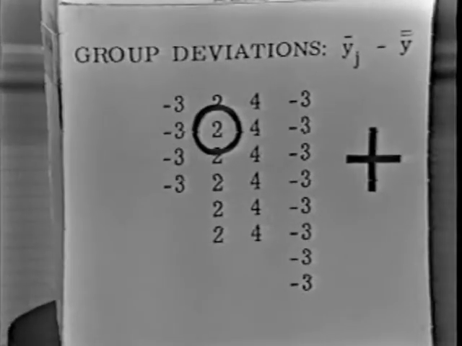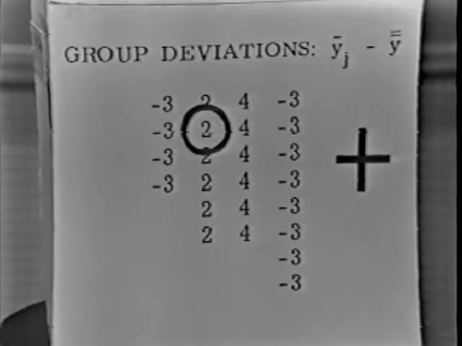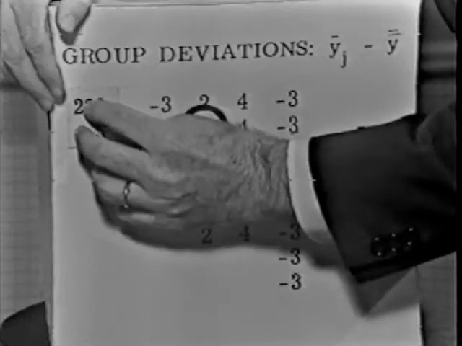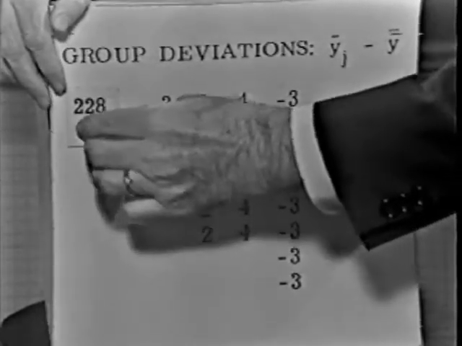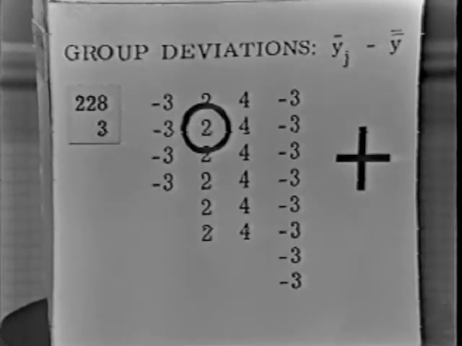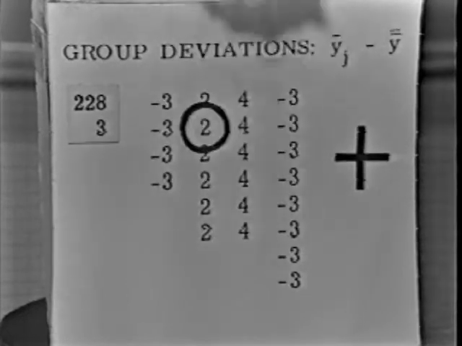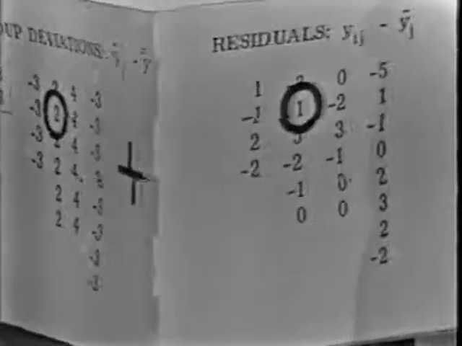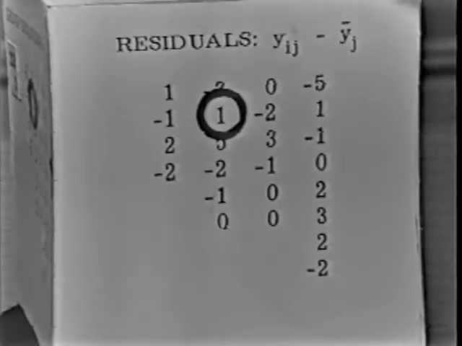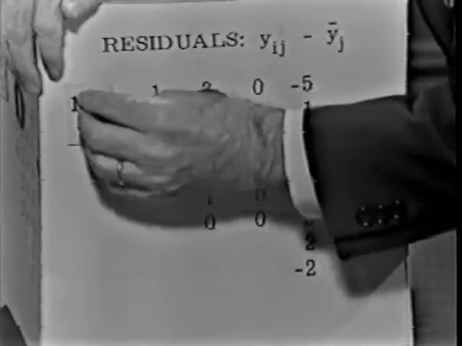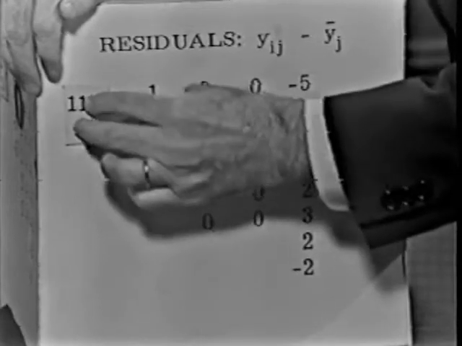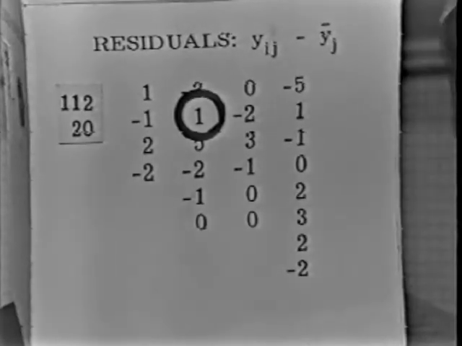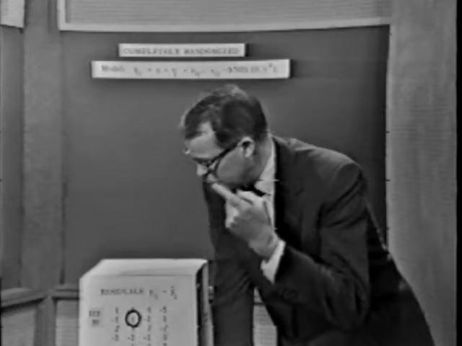And now suppose I take the sum of squares of all these particular effects here. It will come out to be equal to 228. And we say it costs us 3 degrees of freedom because only 3 statistics were necessary to get all the elements in that table. And now how about the residual sum of squares? In this instance, the residual sum of squares came out to be 112, and it has 20 degrees of freedom. Why does it have 20 degrees of freedom?